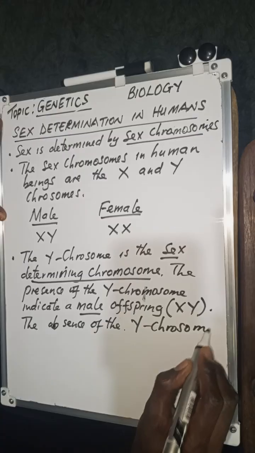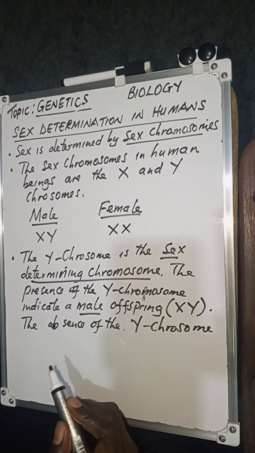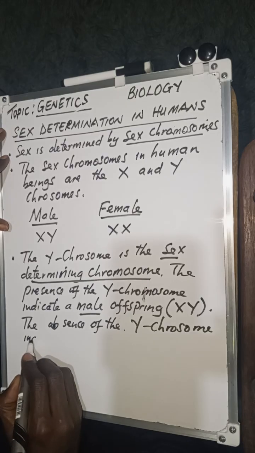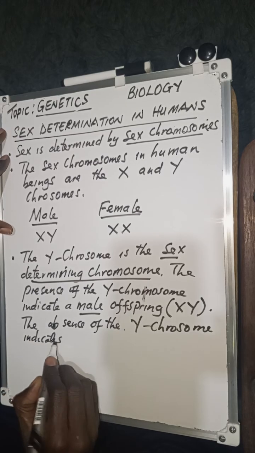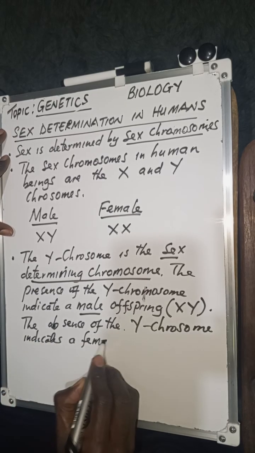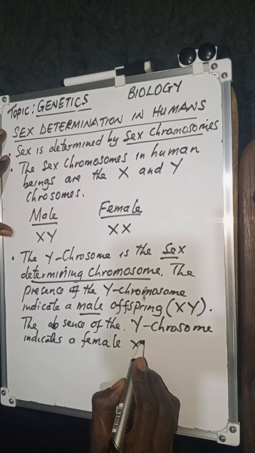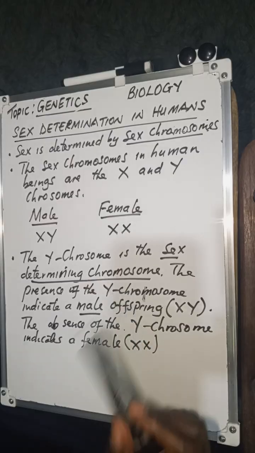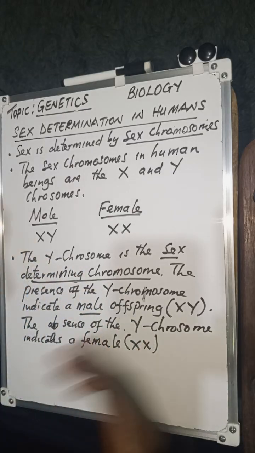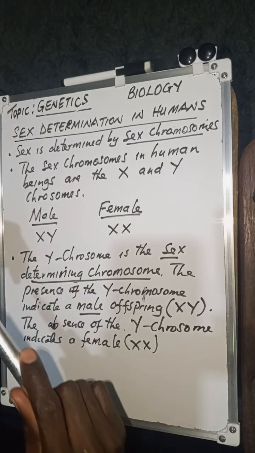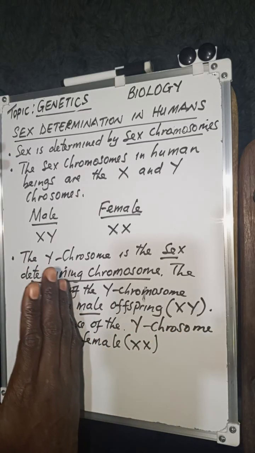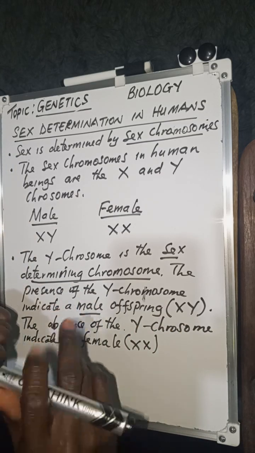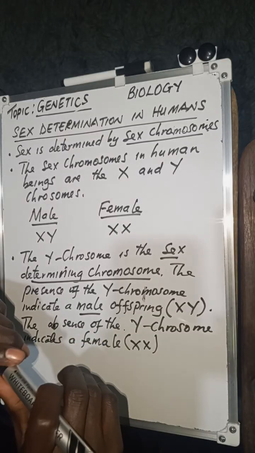If the Y chromosome is absent, then it indicates female. That's what it simply means. So you can see that indeed the Y chromosome is the determining chromosome. It is the sex determining chromosome, which is going to tell whether a child is actually male or female, as you are going to see in my simple genetic diagrams.